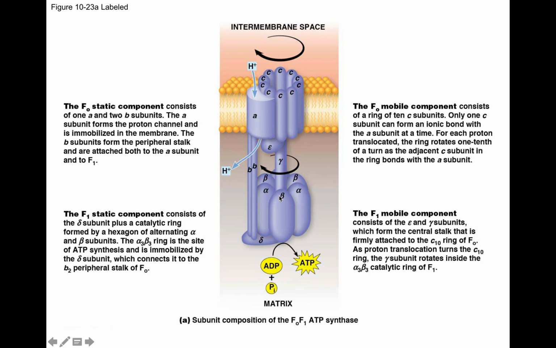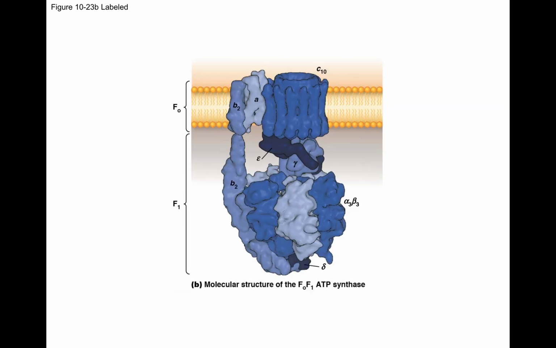So as it rotates around, it will cause these alpha and beta subunits to change shape. And as they change shape, they're going to literally push together ADP and P to make ATP. So they bind ADP and P, and as they change shape, they push those two molecules together, and that makes ATP.